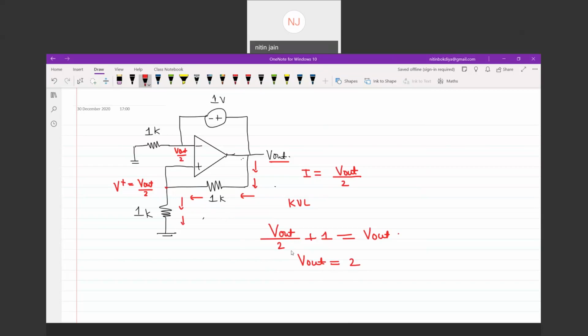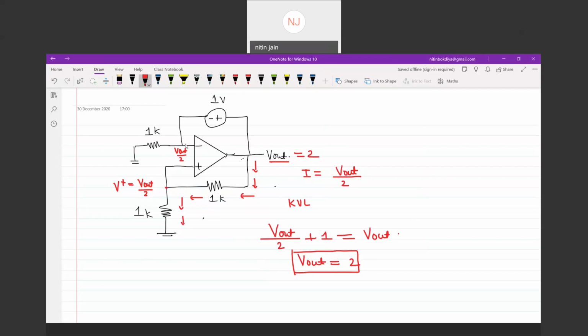If V out is equivalent to 2 volt, this potential is 2 volt.